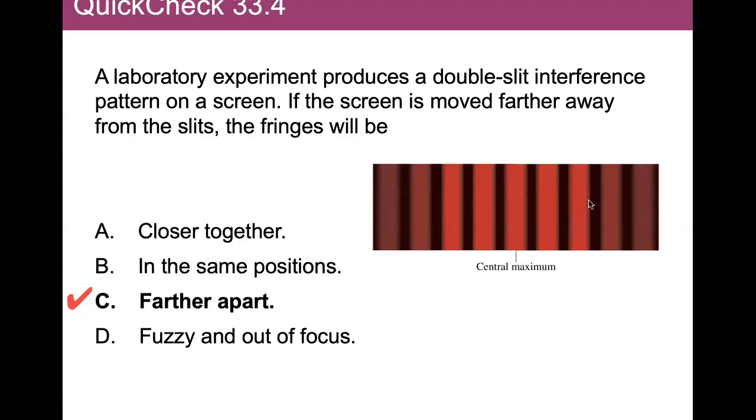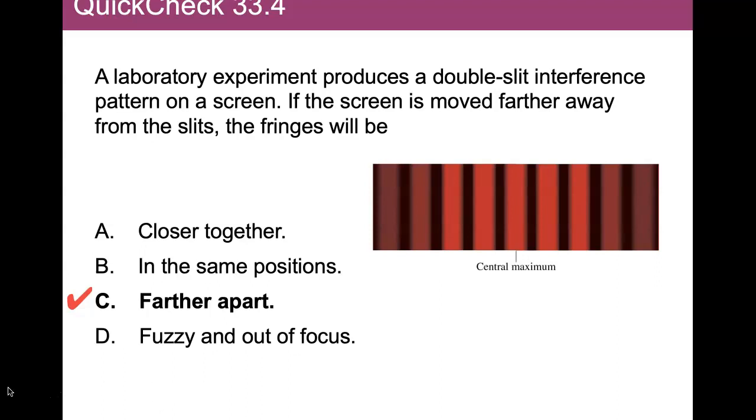They have a larger y, so therefore the distances between them should also get larger. It's pretty much like scaling, like blowing up this whole picture, and all the distances increase. And in this limit of very large L, that's exactly proportional to L. So if you double the length, for example, the distances between fringes double.